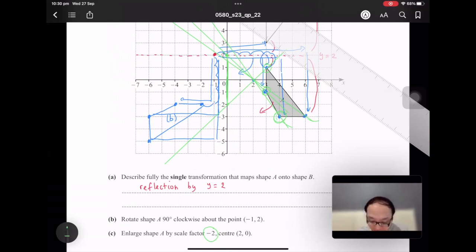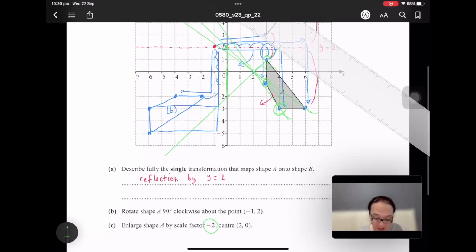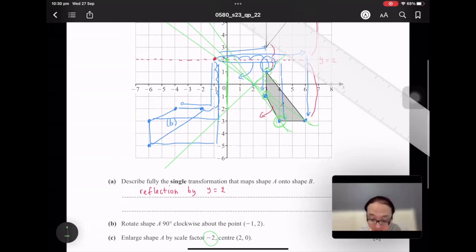For example, to find this, it is 2 to the right, so the opposite way will be 4 to the left because the scale factor is -2. So 4 to the left, 1, 2, 3, 4.